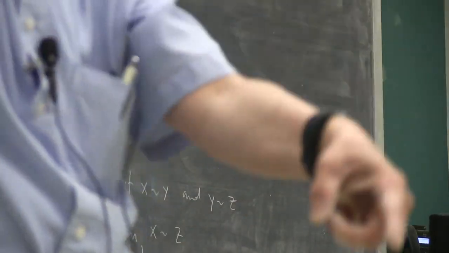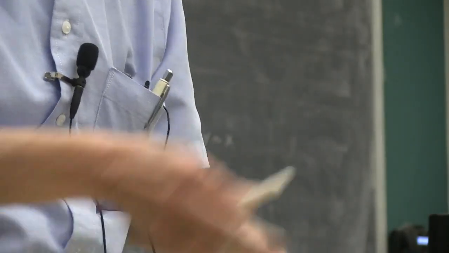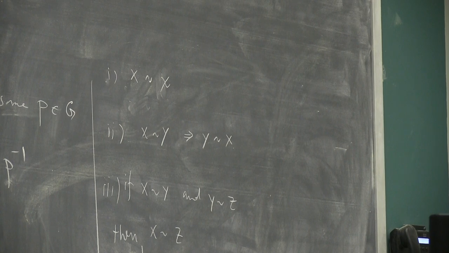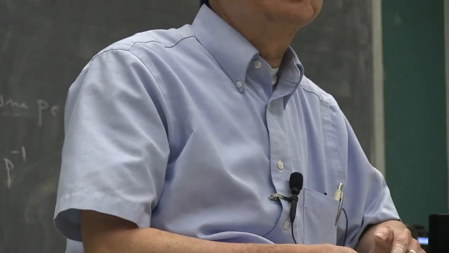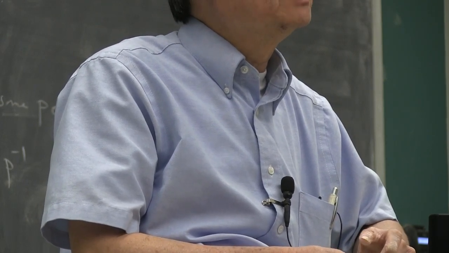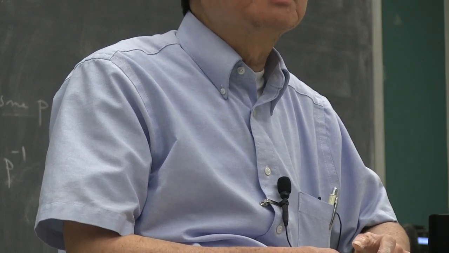Two questions. Let me answer yours first. Can you expand on the first point? Why would it not be related to itself? Well, this is something that's just stuck in there for completeness. You can say a relationship of a father and son.